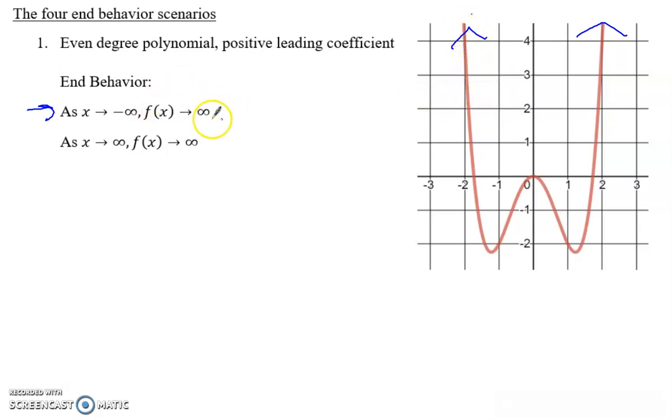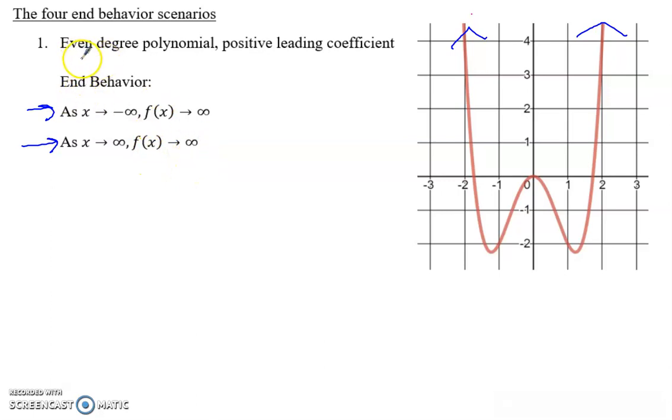So f of x is approaching positive infinity. For the right end behavior, as x approaches infinity, as we go all the way to the right here, f of x is also going up. So this is also going in the positive direction, which is why f of x approaches positive infinity.